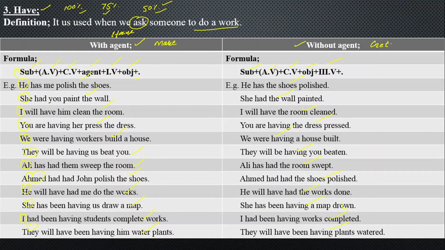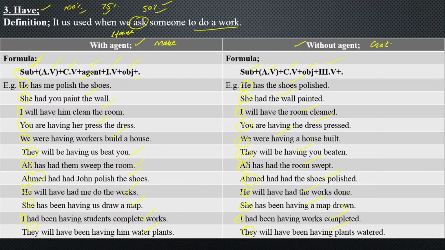One gets the action done and second does the action. And the person who gets the action done, like the subject, is always present in your sentence. Here also, without agent as well, your subject is present who gets the work done, like he, she, I, you, we, they, Ali, Ahmad.